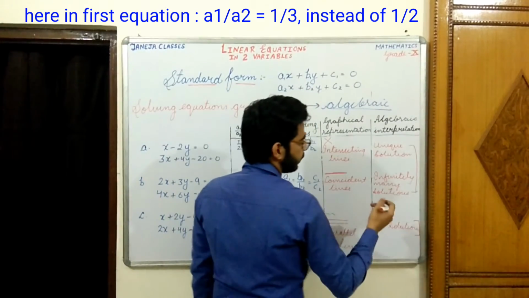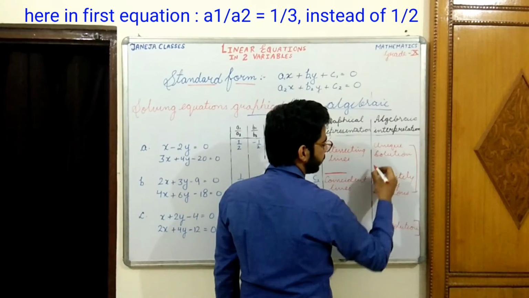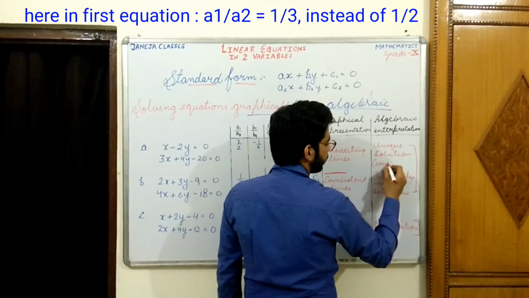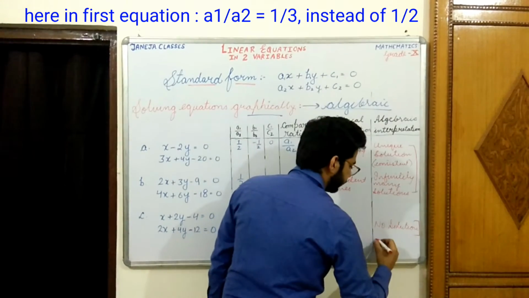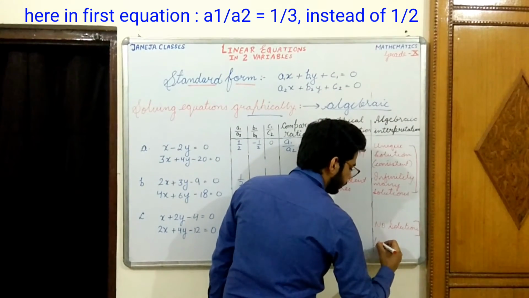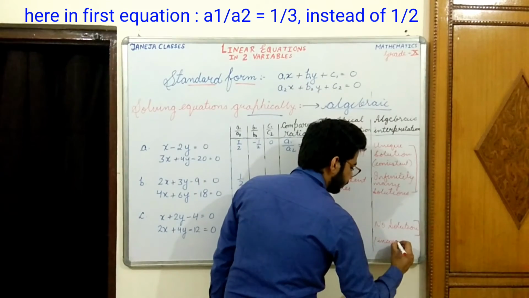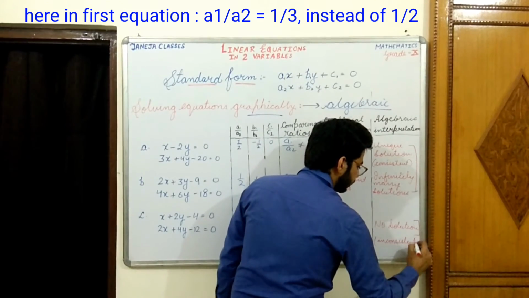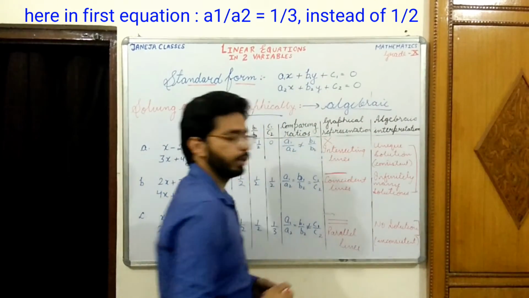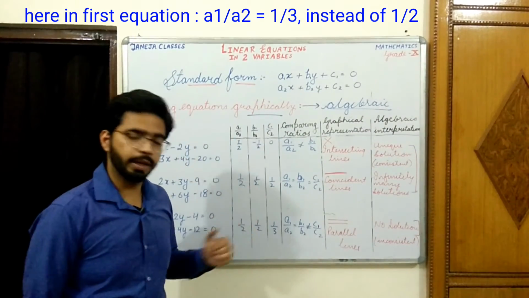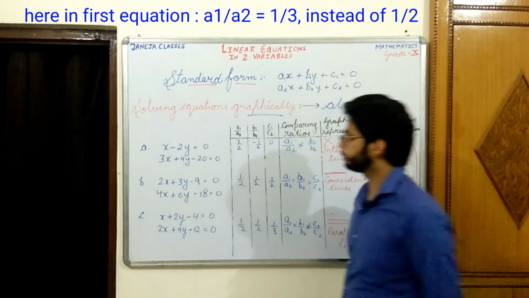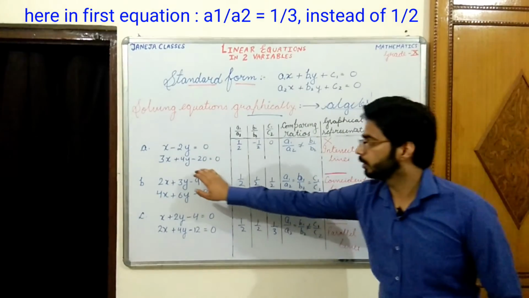I can write here, these two we can say are a consistent pair of linear equations. For this we can say inconsistent pair of linear equations.